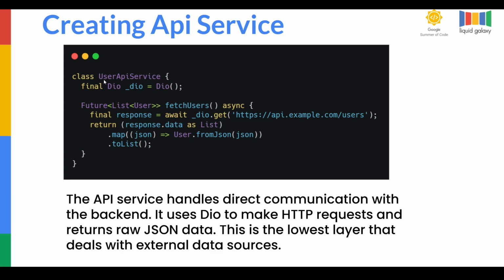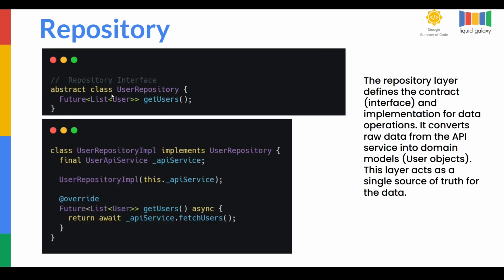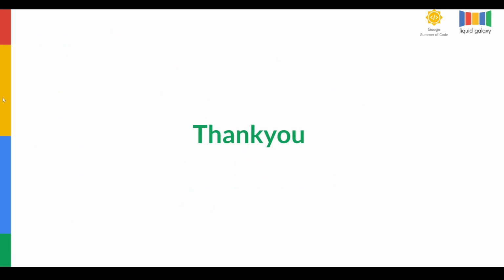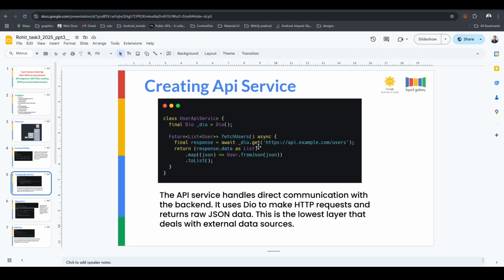You can see this is the user API service, and here we have defined Dio. This is a library that we use to make the HTTP request, and this is fetch users, which is an example that will give us the list of users.